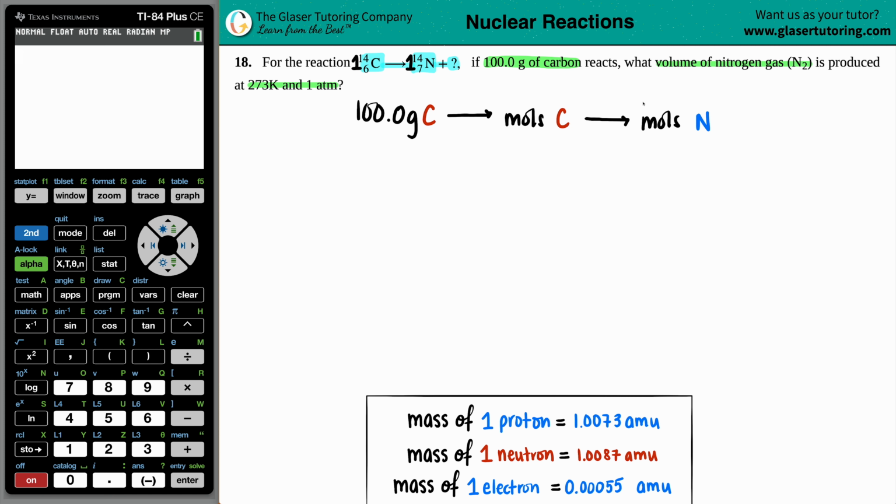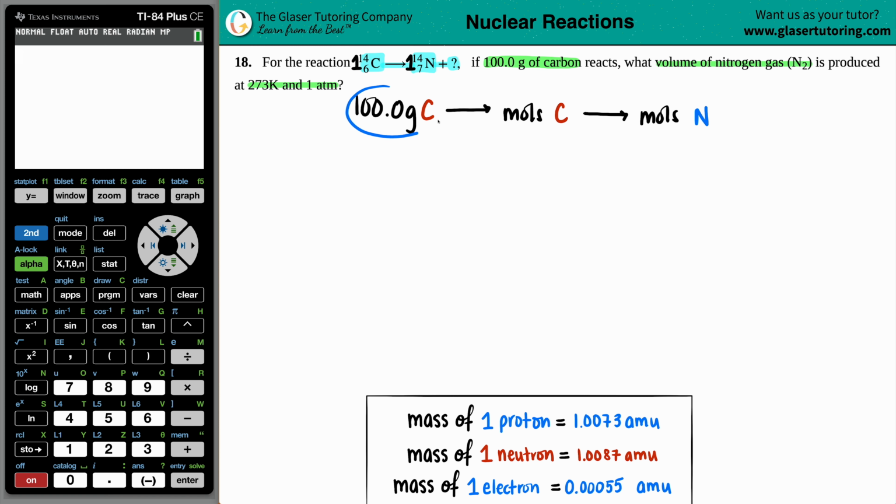And then we'll take it from there, because we need to find N2. But at least from this equation, since it's just one carbon and one nitrogen, I can go from moles of just C to moles of just N. So that's the game plan for the first part of the question.